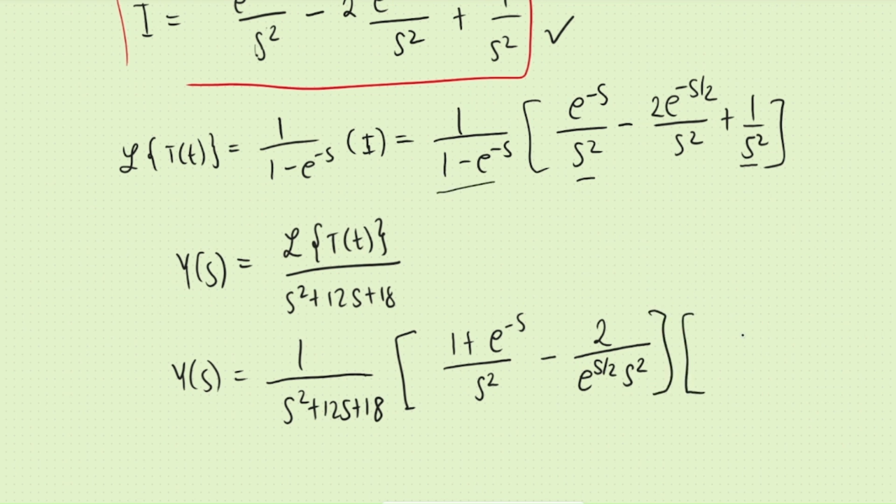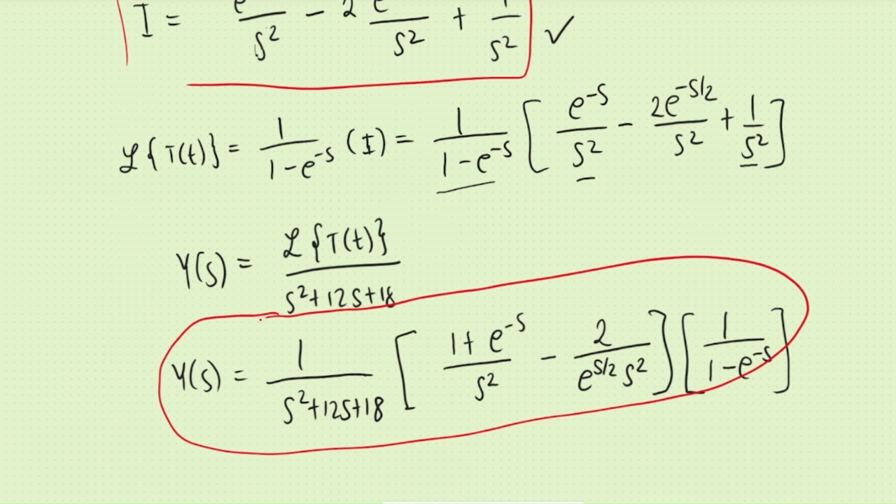And don't forget this one, 1 over 1 minus e^(-s). See, we now got our Y of s, and I'm going to show you this answer is identical to what we input in our answer.